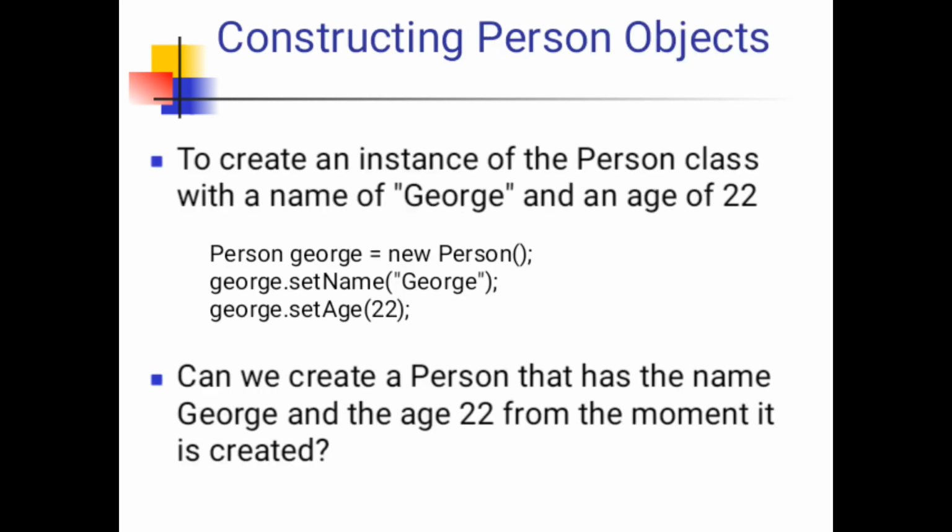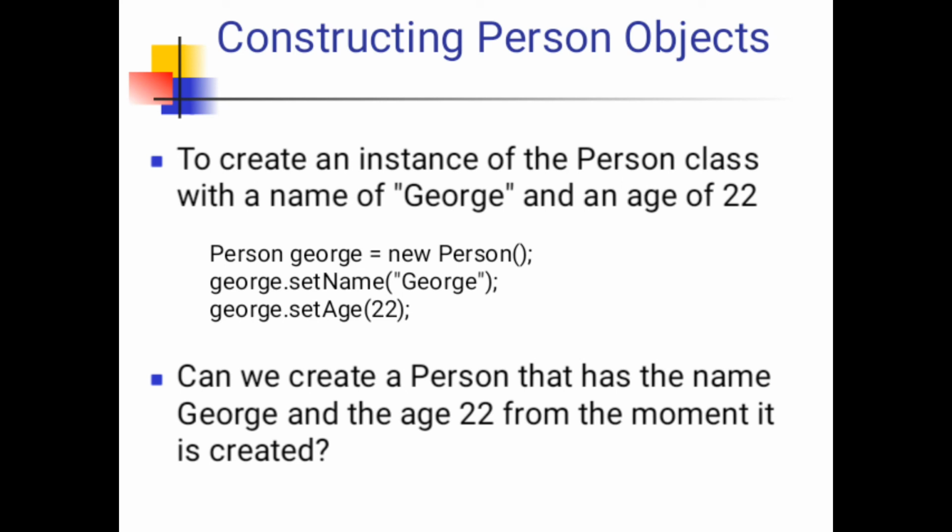Let's move on. To create an instance of the Person class with the name of George and an age of 22, we come to the instance class.